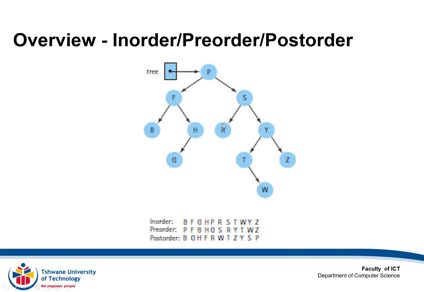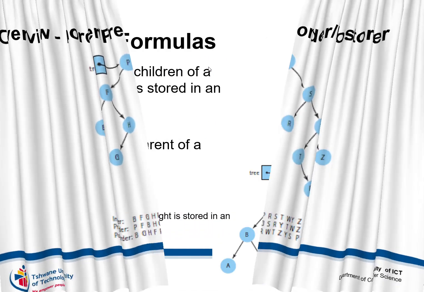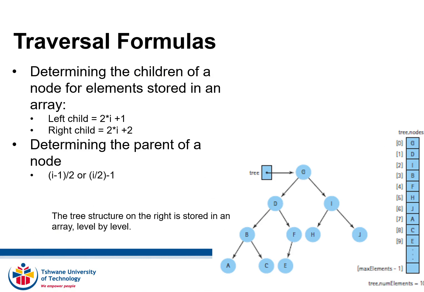But before we do the right, we cannot just say R and then W because it's got children. You can't start with a root when you have a child. Okay, so from R, you have to go to W, and then you can do that root. And then you have to do this Z, and then you can do that root. And then you can do that root, and you do that root, and you are done. As simple as that. Okay?